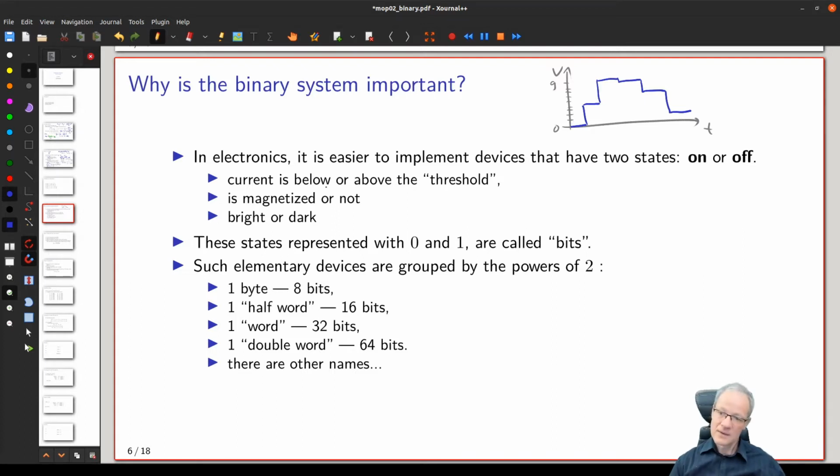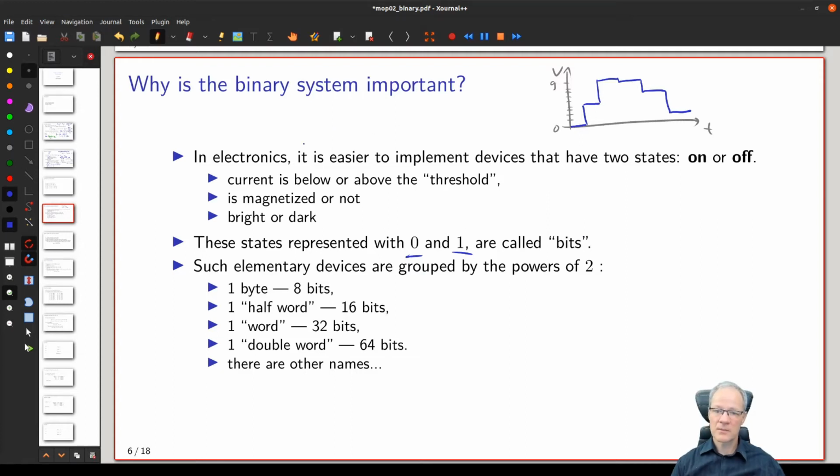It's much simpler for the digital devices to think in terms of 0 and 1, and we're going to call them bits. 1 bit is either yes or no, either 1 or 0, either true or false, either on or off, and so on.